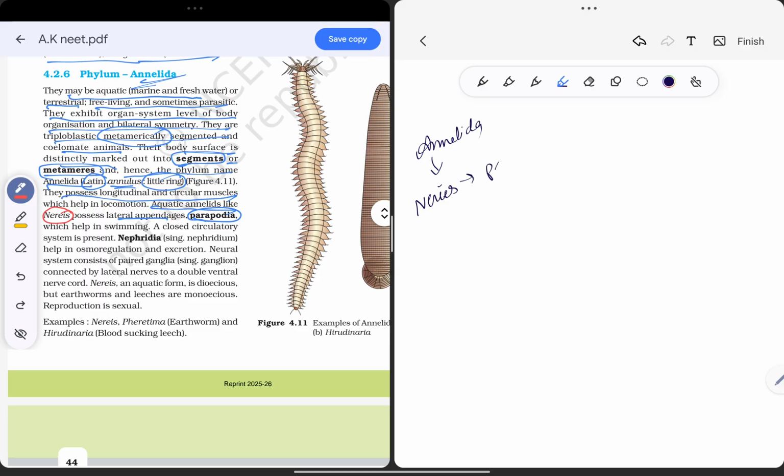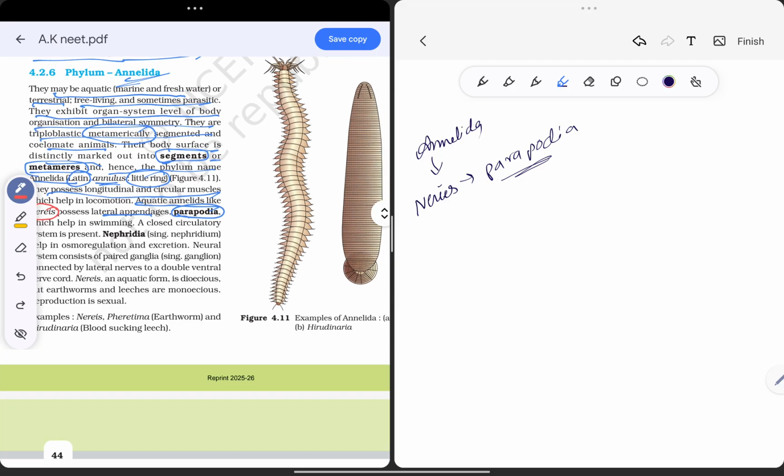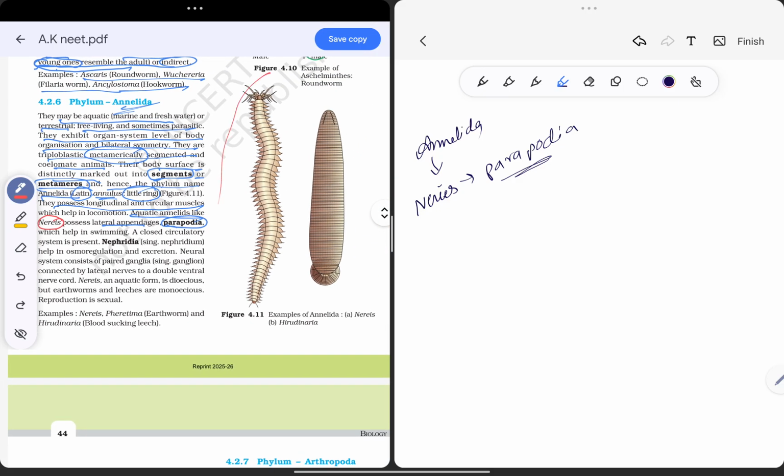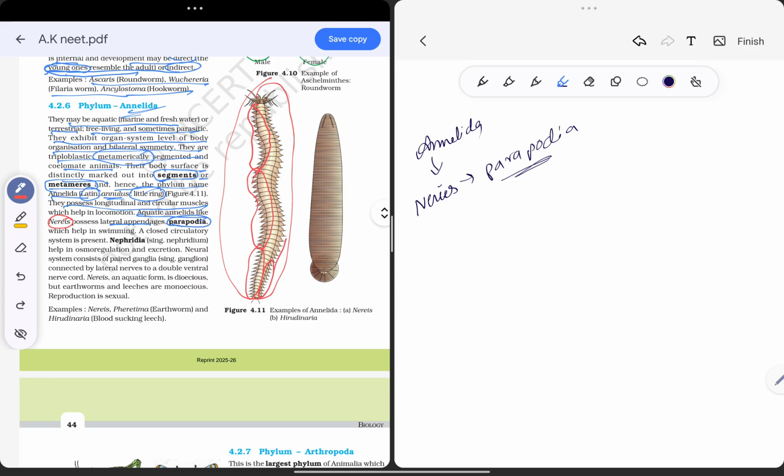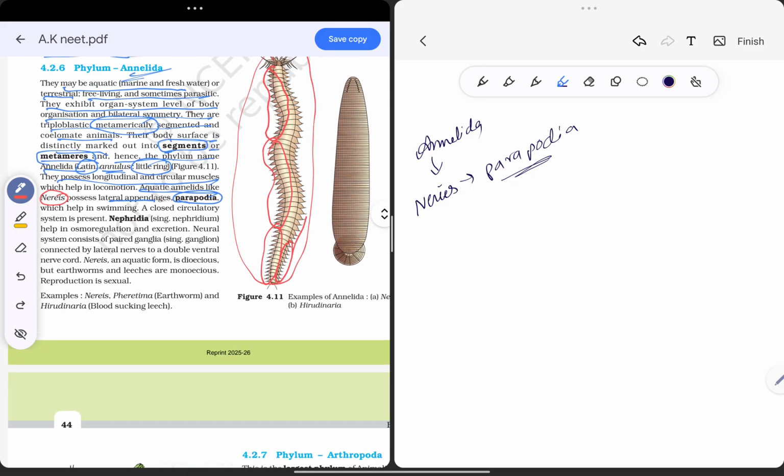It has parapodia. If you ask me what this parapodia is, this is the picture of Nereis. The things you see here are called lateral appendages. These lateral appendages are called the parapodia. This parapodia helps them in swimming.